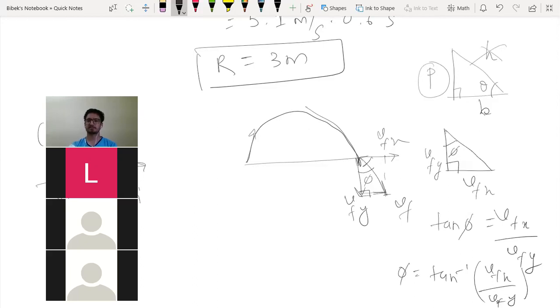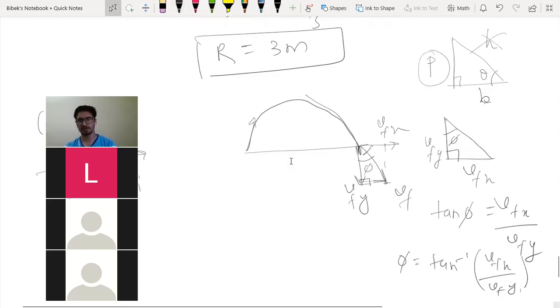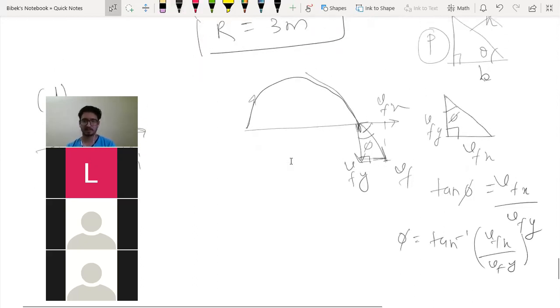Sometimes they ask problems like this as well, so keep that in mind. You can also find this other angle, let this angle be beta, and you'll be doing similar trigonometry, but you need to specify that this angle is the angle that the projectile makes with the ground, and this angle is the angle that the final velocity makes with the vertical line. You need to specify which angle you calculated.